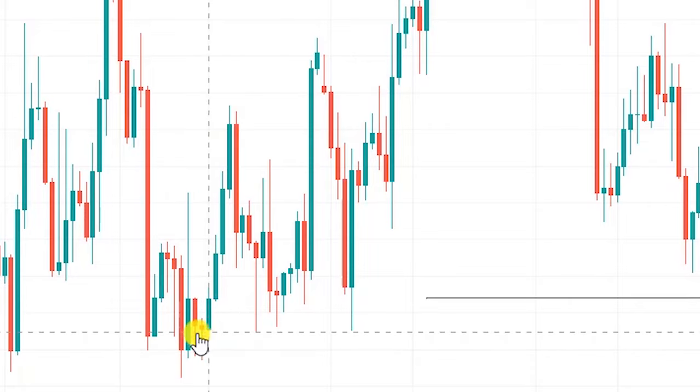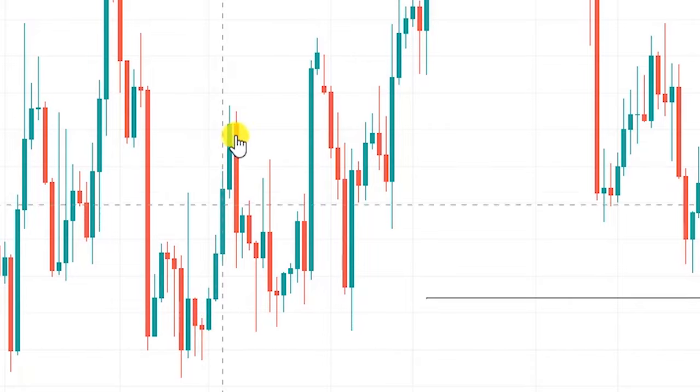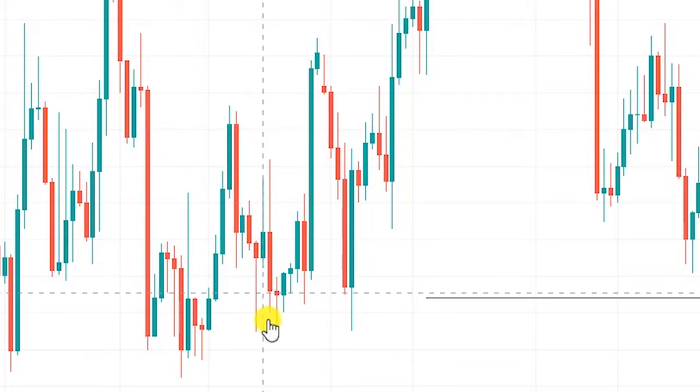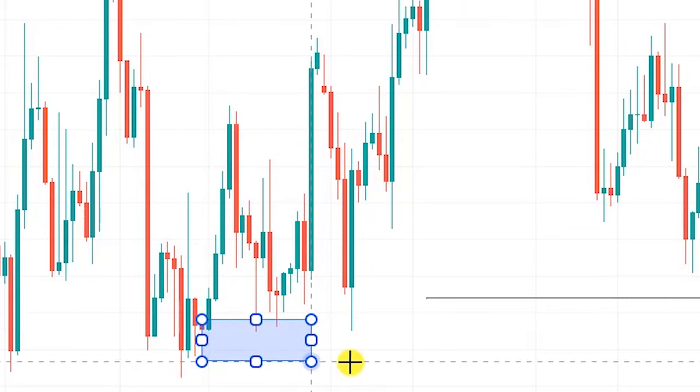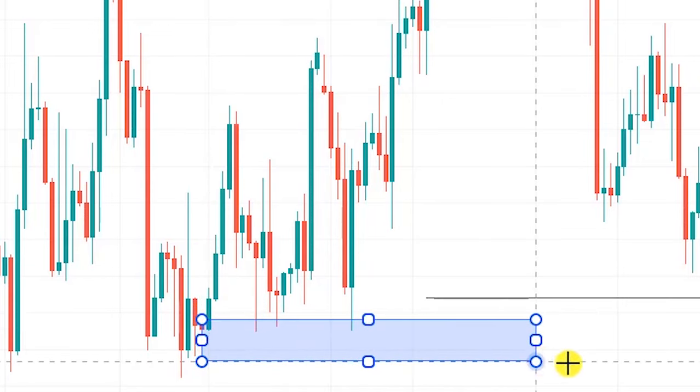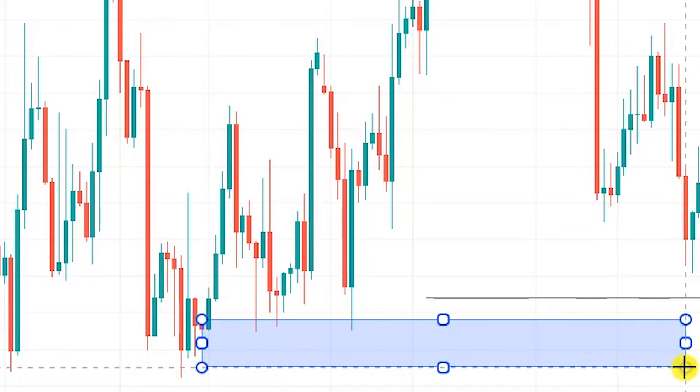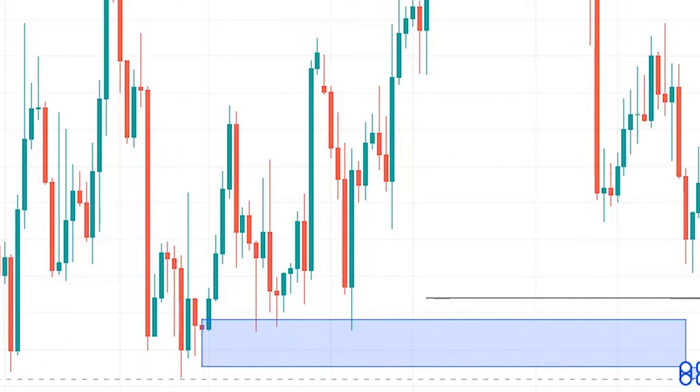So what they will do now that they've grabbed liquidity is come back to that zone to buy. Let's mark this candle. This last opposing candle is our order block. So let's mark it. Good. Now we've marked it. This is our order block.